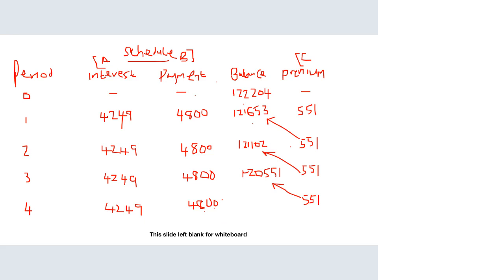That gives us 120,000. That 120,000 was the face value of the bond, the face value of the bond.